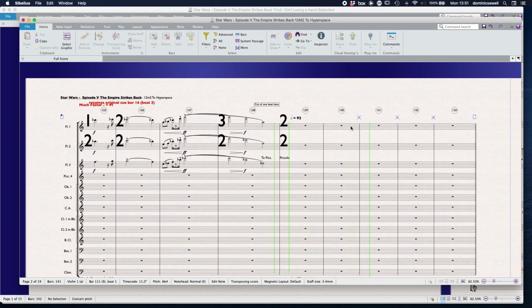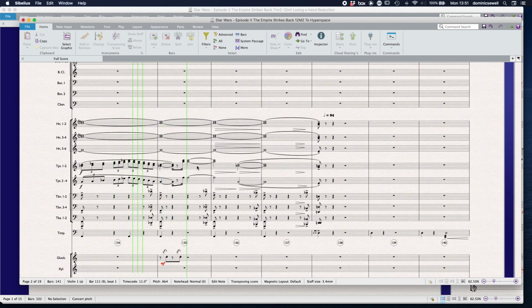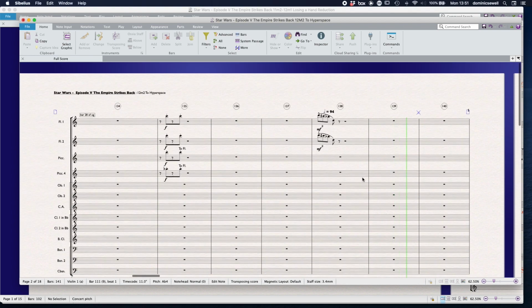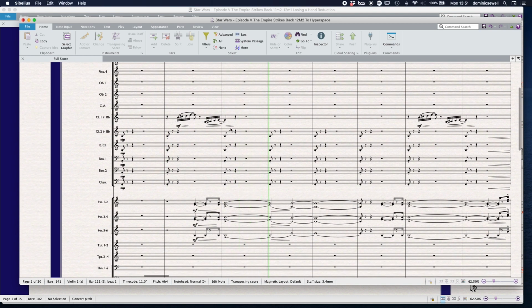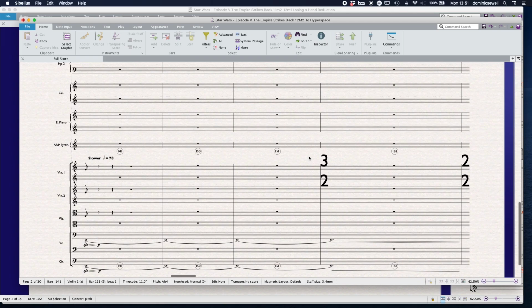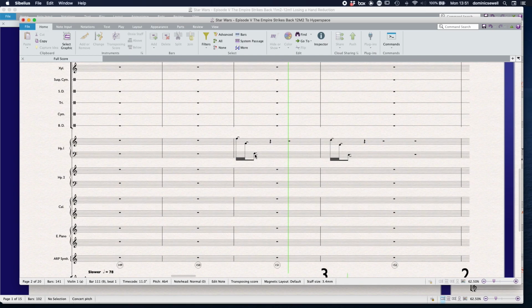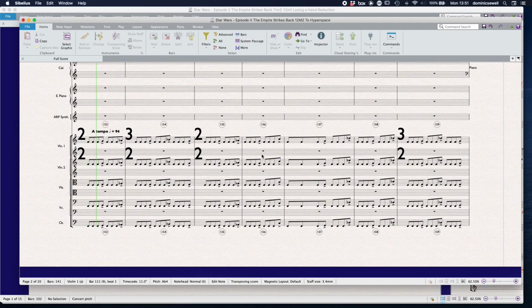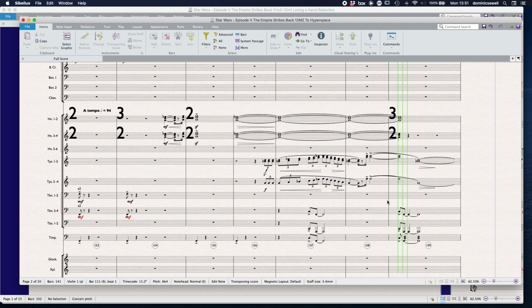Cuts out one beat. Love that trumpet bit. Lovely little bit of clarinet and harp. So then it stops. Then continues. Little short longs.